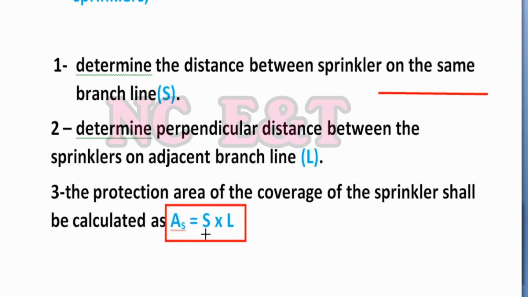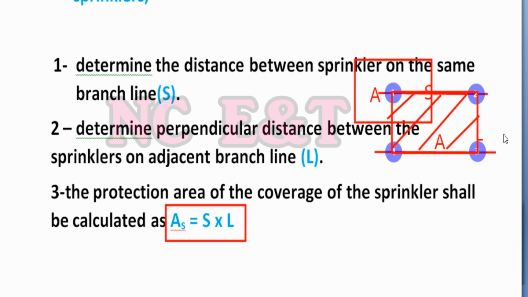It is A equals S into L. S is the distance between two sprinklers on the same branch, whereas L is the distance between sprinklers on adjacent branch line, whereas A is the area of protection of one sprinkler.